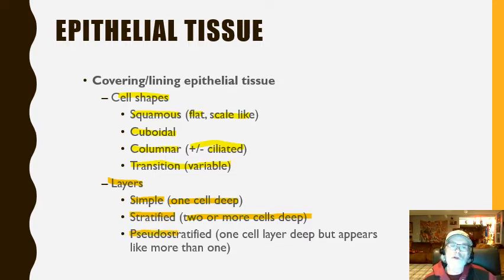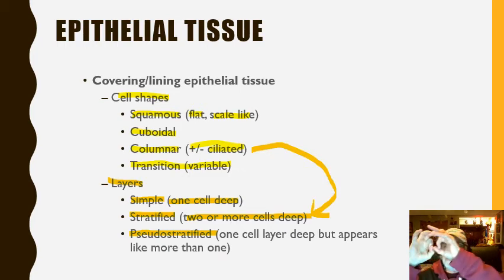We also have something called pseudostratified, and we see this a lot in columnar cells. What pseudostratified means is that it looks like there are multiple layers, but there's only one layer. In most columnar tissue, we'll find the nuclei line up parallel, like a string.